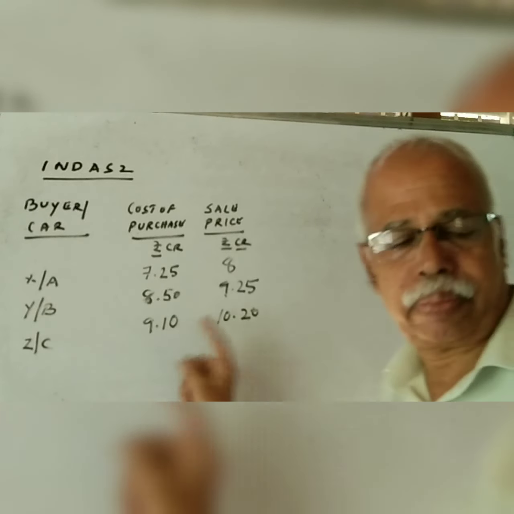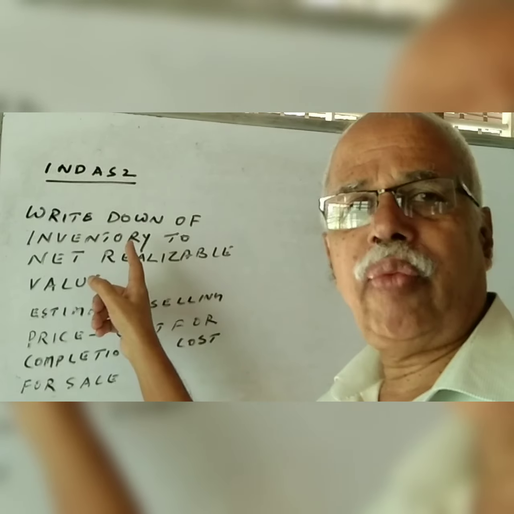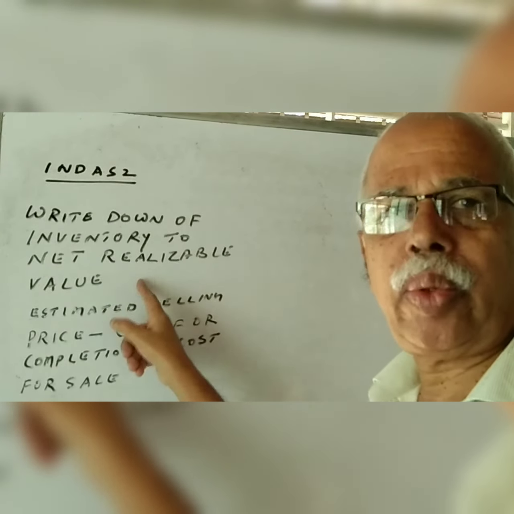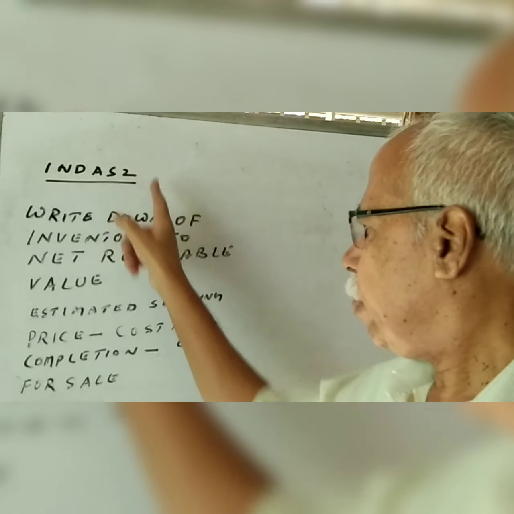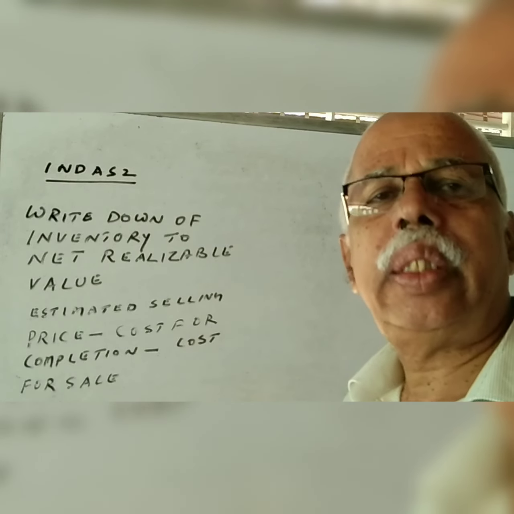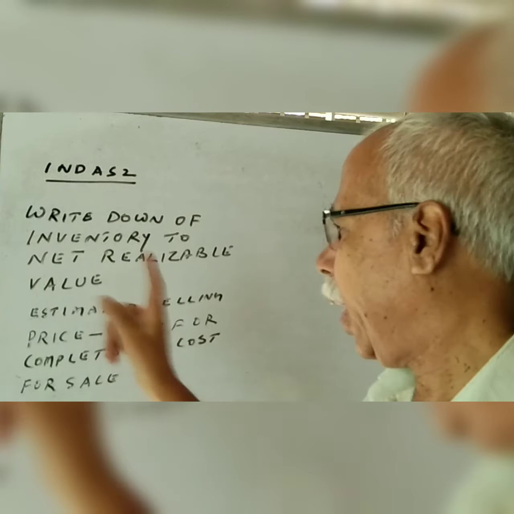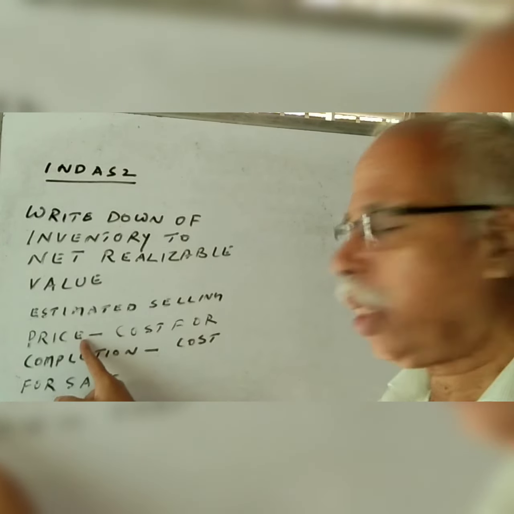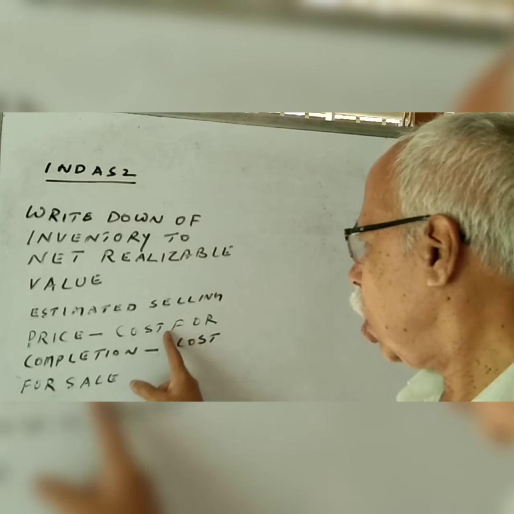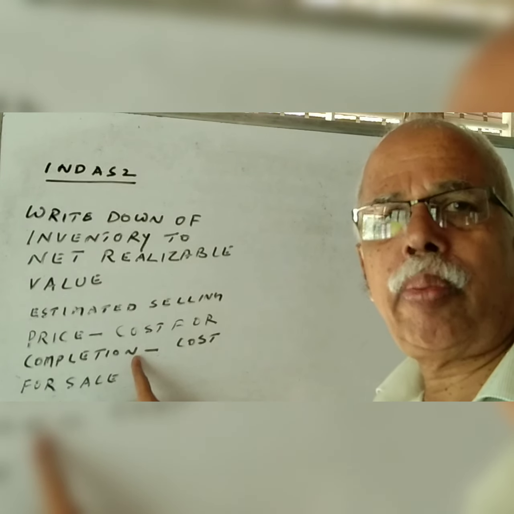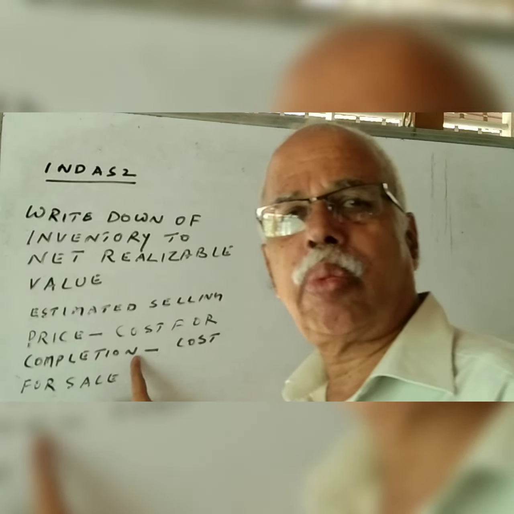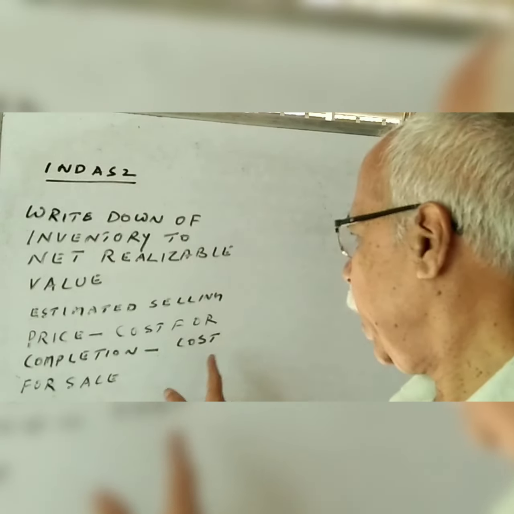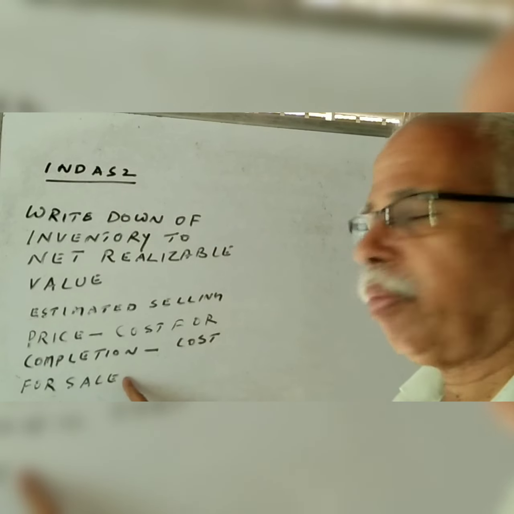Write down of inventory to its net realizable value. The standard defines the net realizable value as the estimated selling price of a product minus cost for completion, that is for bringing the product to its present location and condition, minus cost for sale.